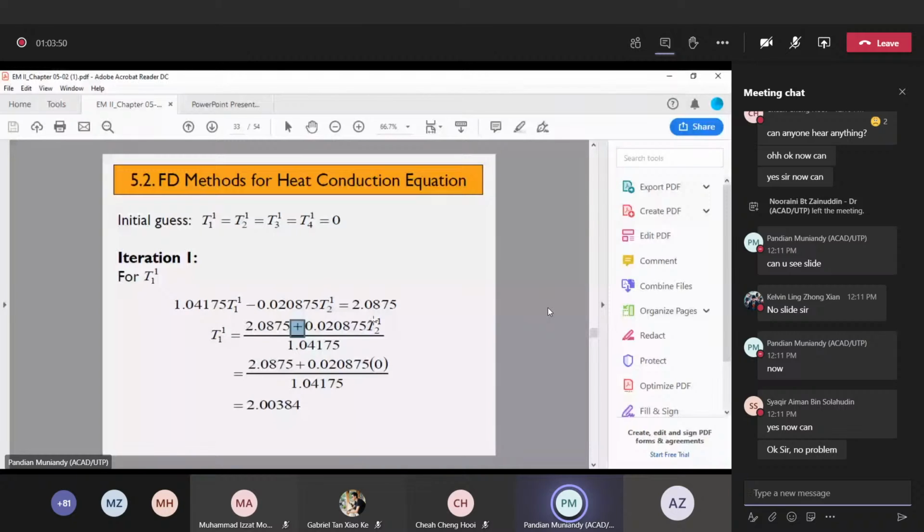This is very important. If you don't have this value, you cannot start. You cannot put T12 on the left-hand side. You must find T11. This is the nature of the Gauss-Seidel method. You must calculate T11 in this order. So now you press your calculator: 2.0875 plus 0, divided by 1.04175. Can you get this answer?